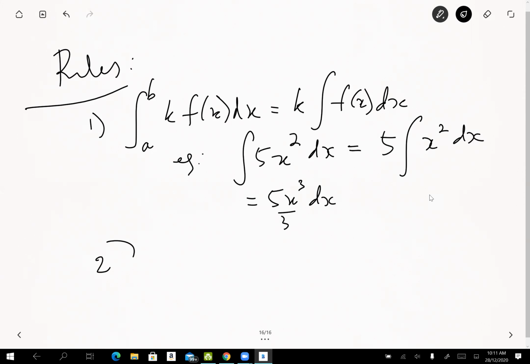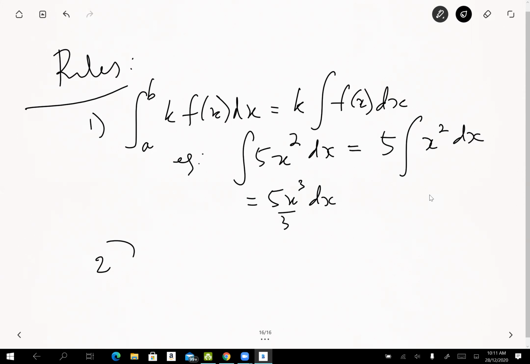It can also work the other way around. If you have the integral of f of x plus the integral of g of x, we can add them up and then integrate. Either way, this rule makes integration more convenient.